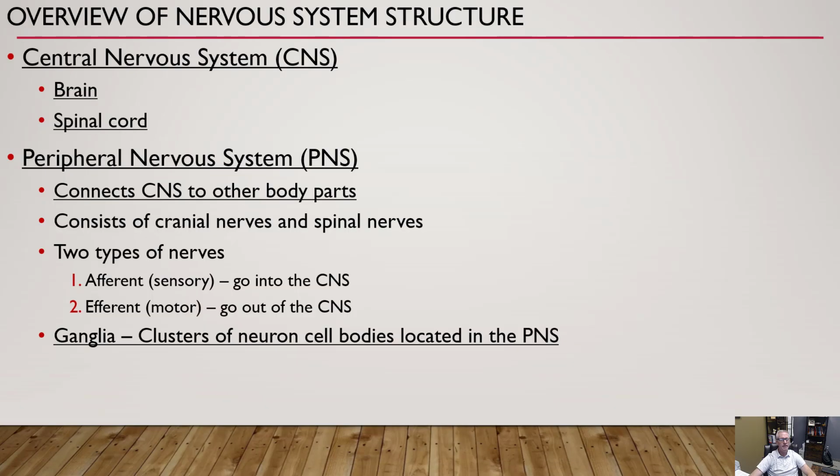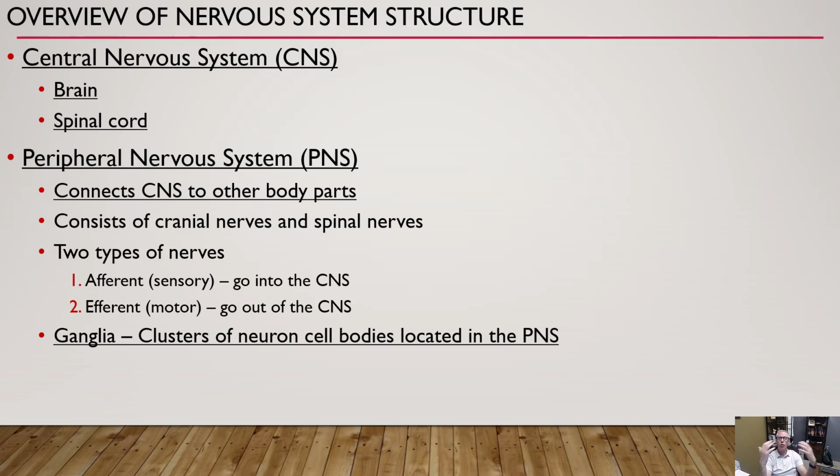All right, we can divide the nervous system up into two different portions, central nervous system and peripheral nervous system. Central nervous system just consists of the brain and spinal cord. Peripheral nervous system is pretty much everything else. It connects the central nervous system to your other body parts.